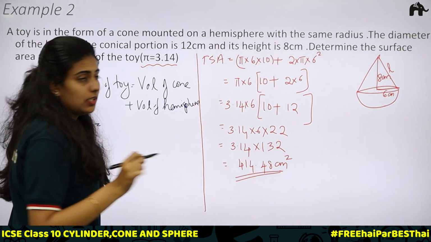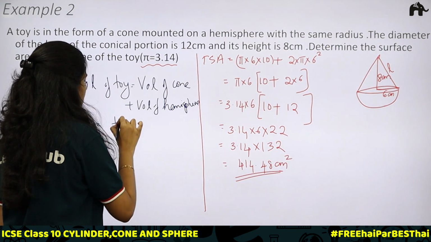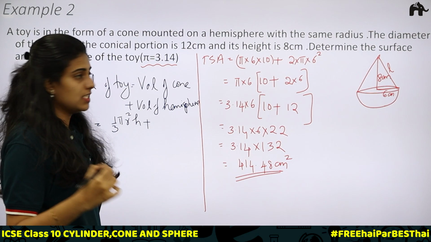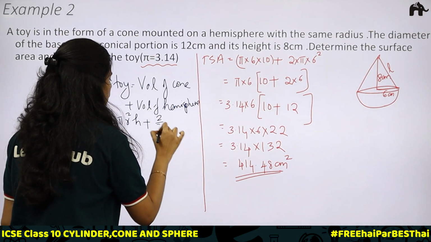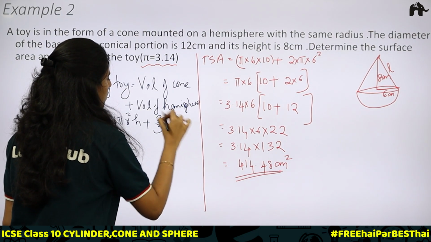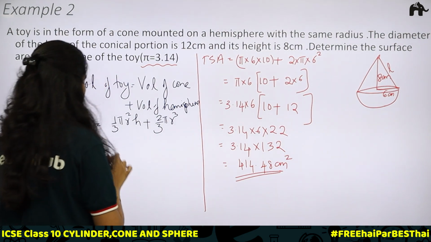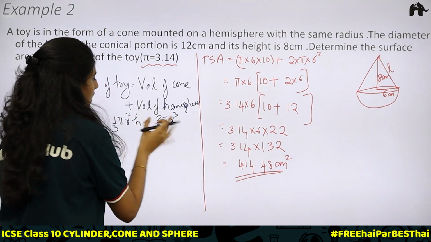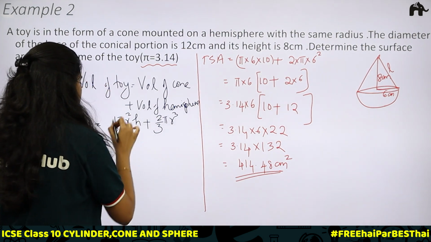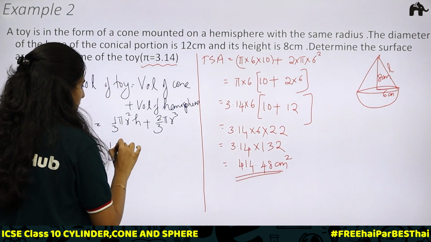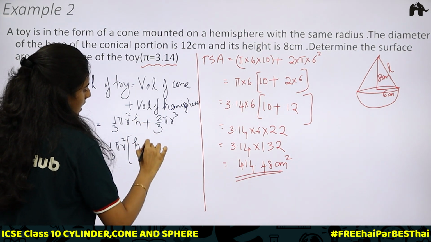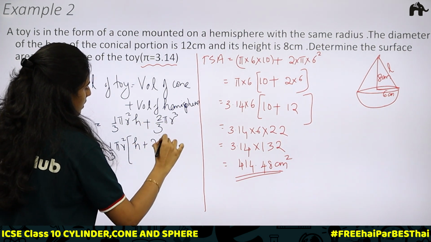Volume of cone is equal to 1 by 3 pi r square h, plus volume of hemisphere, which is 2 by 3 pi r cube. Common terms can be taken out since here the radius is same. If radius is different, you cannot take r outside. 1 by 3 pi r square is common, then you have h from here and 2r from here.